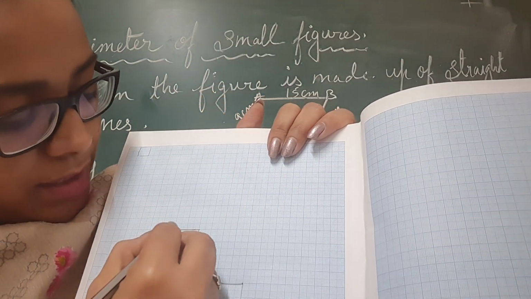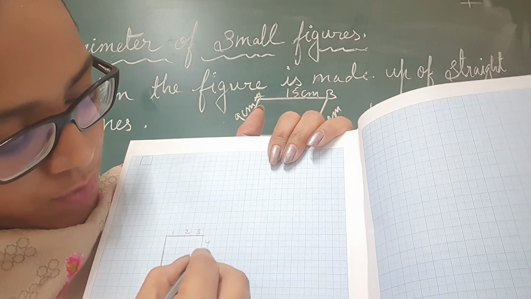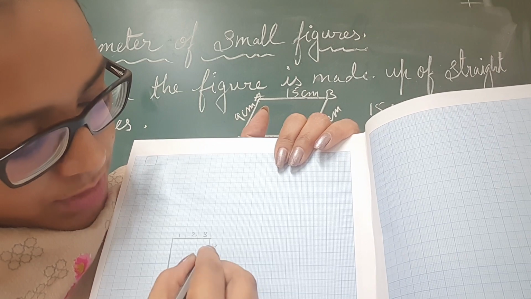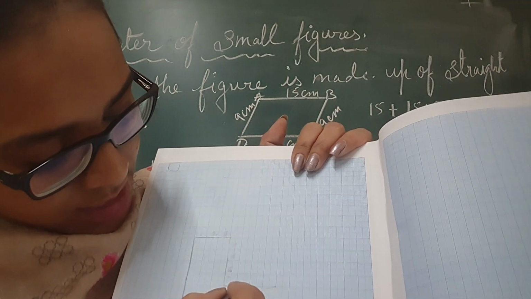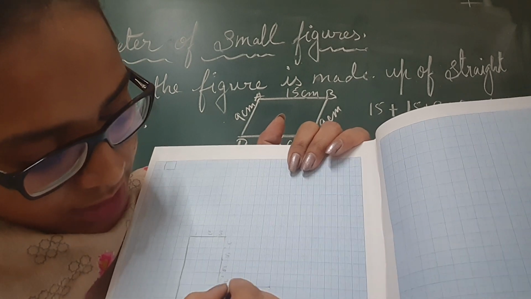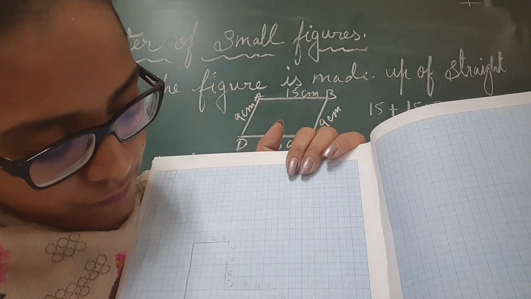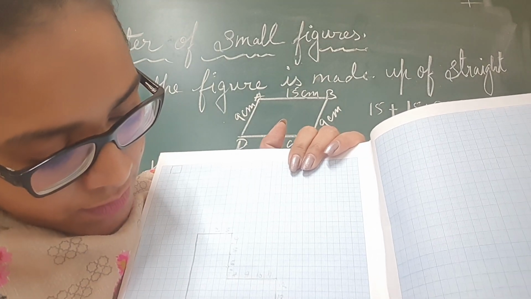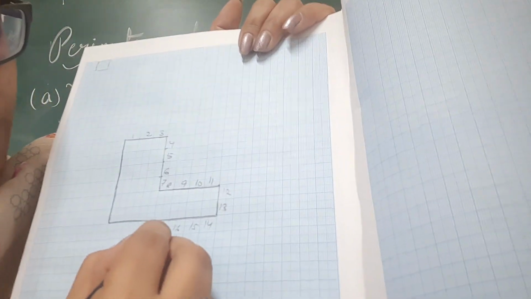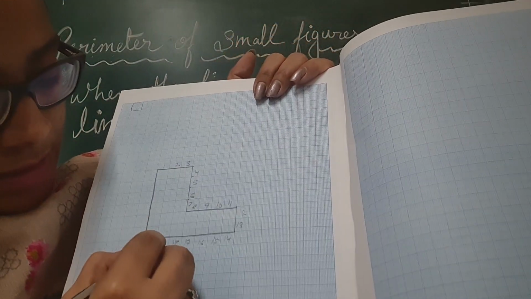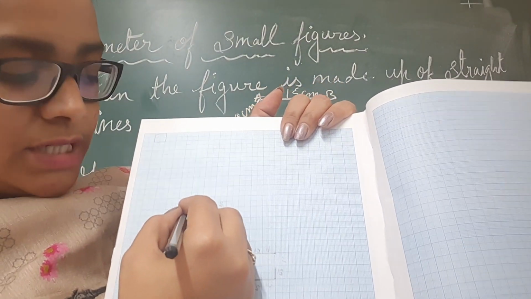You will start from here to here 1 unit, 2, 3, this is your 4, this is your 5, from here to here, this is your 6, this is your 7, and this is your 8, then 9, 10, 11, this is your 12, 13, 14, 15, 16, 17, 18, 19, 25, and here 26.